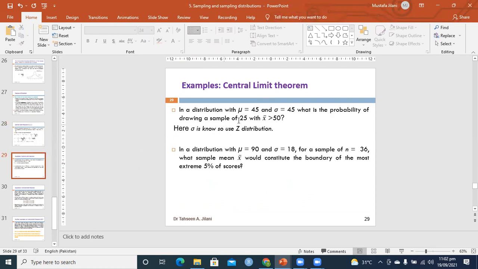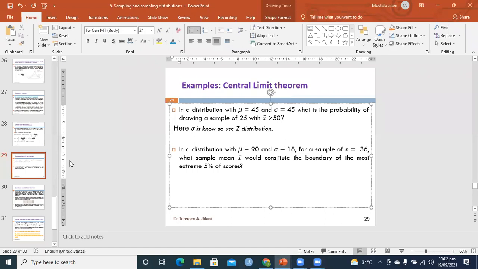Your job is to replicate this example, same as here, mu equals 45, sigma is 15. What is the probability of drawing a sample of n equals 25 with probability of x bar greater than 50?